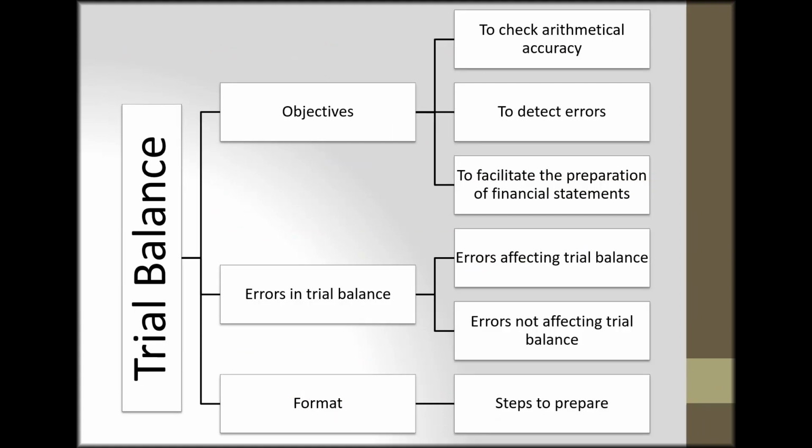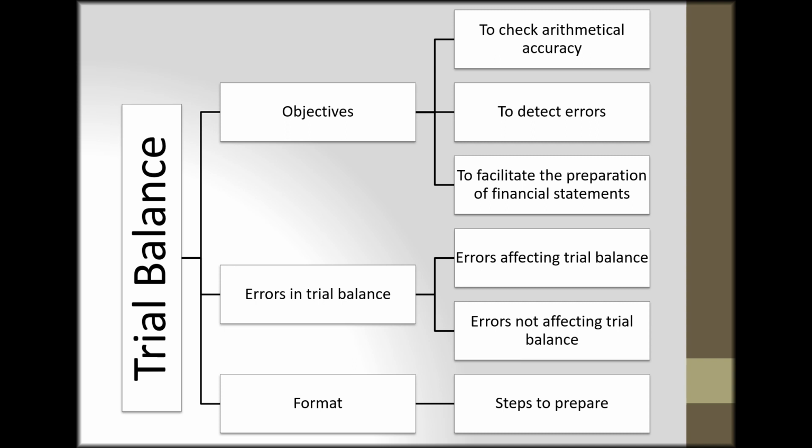Alright, so we have come to the next step in the accounting cycle, which is to prepare the trial balance. What are the purposes or objectives of preparing the trial balance? The first one is to check arithmetical accuracy, whether we have calculated the balances, or the amounts in the accounts, correctly or not.